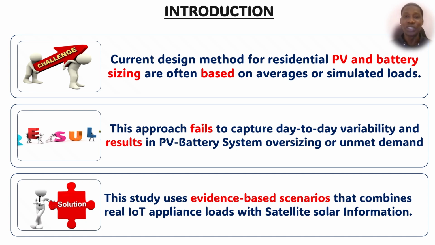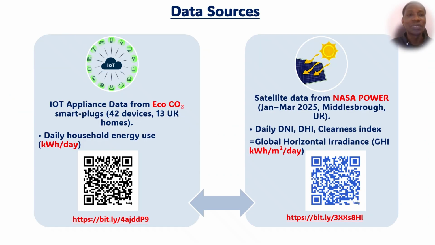solar information. To do this, we fused two datasets. The first is IoT appliance data from EcoCO2 smart plugs. This consists of 42 devices from 13 UK homes. This gives us daily household energy use in kilowatt hour per day. And also we take data from NASA POWER.